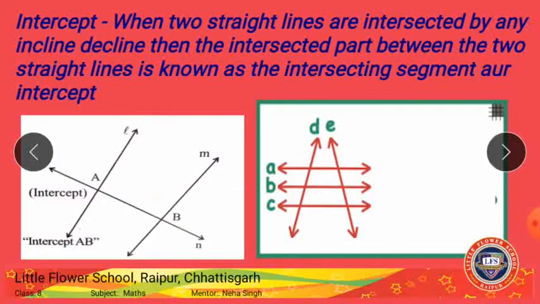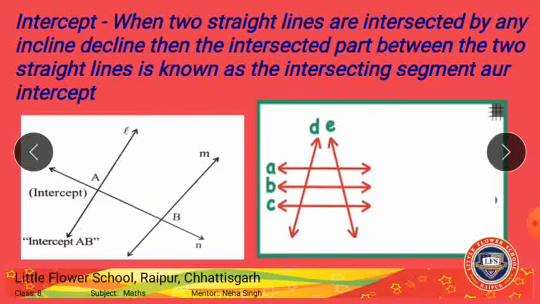See, intercept: when two straight lines are intersected by an inclined or declined line, right? Inclined means upwards, declined means downwards. Whenever two straight lines are intersected by any line, the part between the two straight lines is known as the intercept, right? The part between the intersecting lines is known as the intercept or intersecting segment.